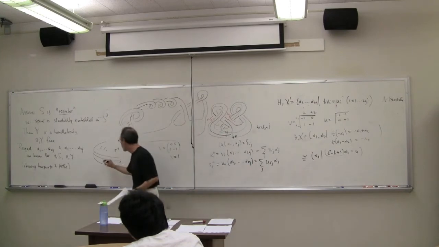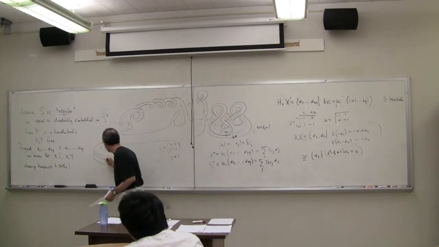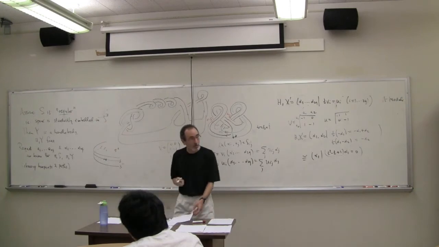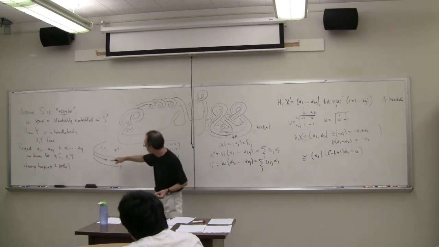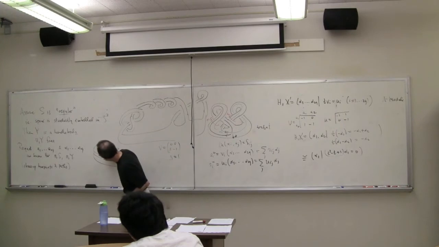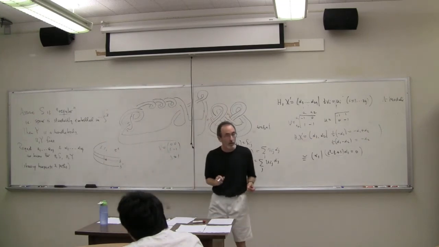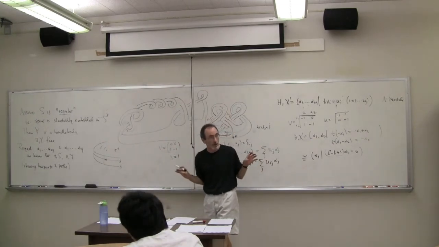And now to get up to a base point on S plus, we could go straight up here, and to get down, we can go straight down. And so this would be a way of basing everything in naturally.